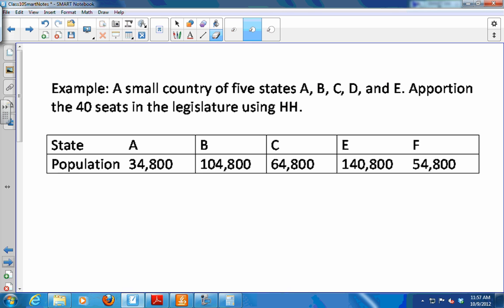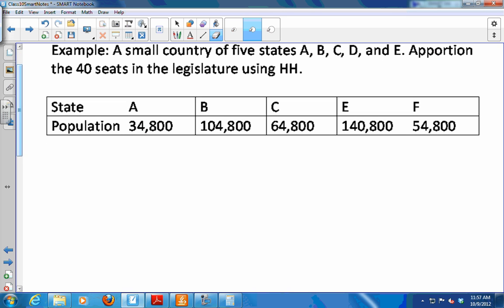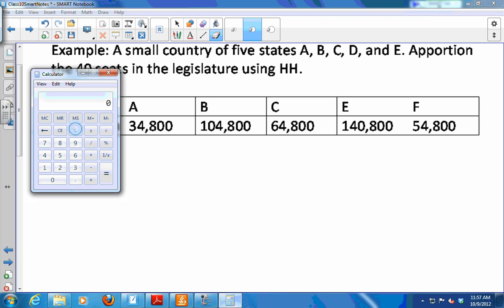So we have a small country, 5 states, A, B, C, D, and E. We want to give out 40 seats using Huntington Hill. So we could start with the standard divisor. How do you find that? Total them all up, yep. So total all the population. So 34,800 plus 104,800 plus 64,800 plus 148,000 plus 54,800.